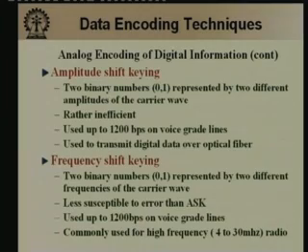Amplitude shift keying is very simple. Although the signal is analog, we know that there are only two levels which this signal is supposed to take, the two amplitudes. Maybe low amplitude and high amplitude, it may be even 0 and some amplitude.